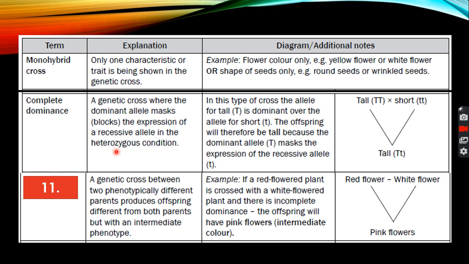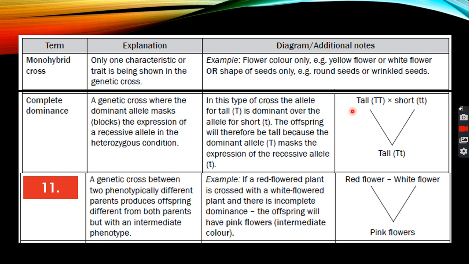For example, if I'm crossing two plants, a tall plant and a short plant, tall is big T and short is small t. Then you will get a plant that is tall, because of big T and small t. And by the way, tall is a phenotype, as I've told you. What's a phenotype? It is the physical appearance from each genotype.